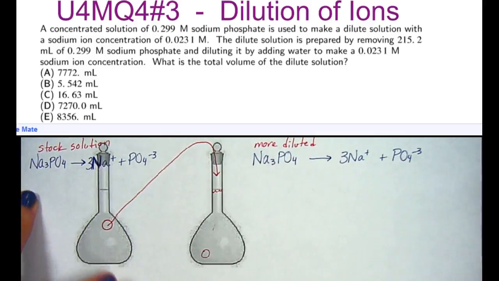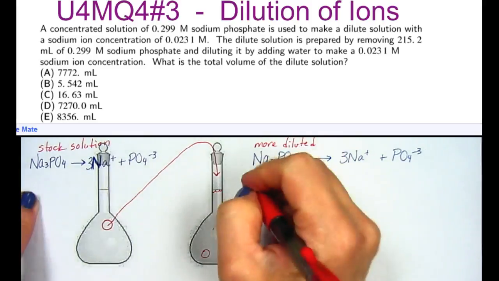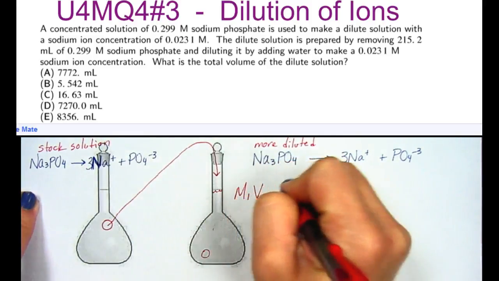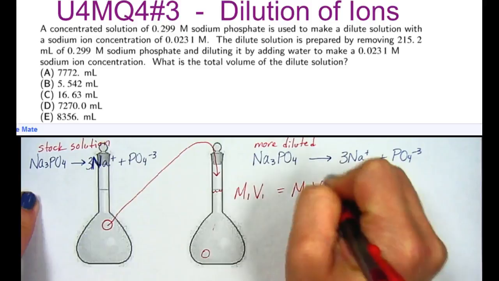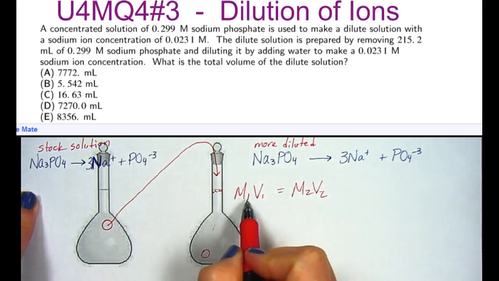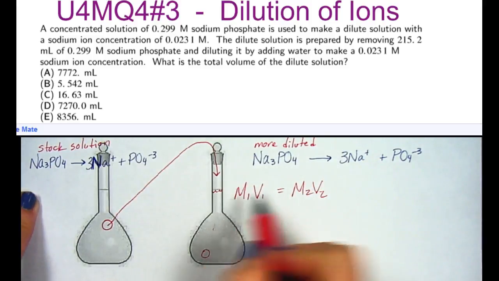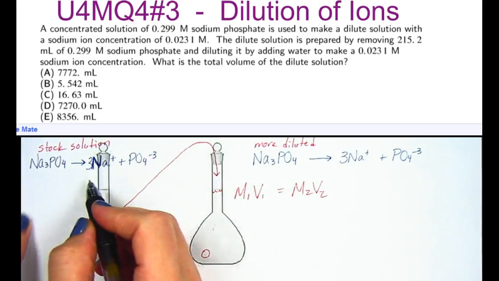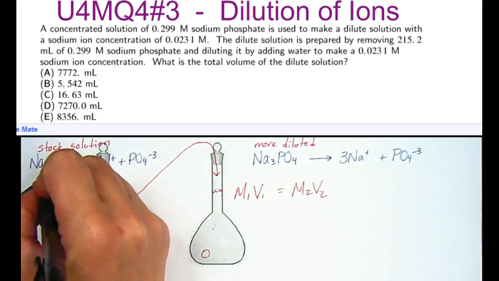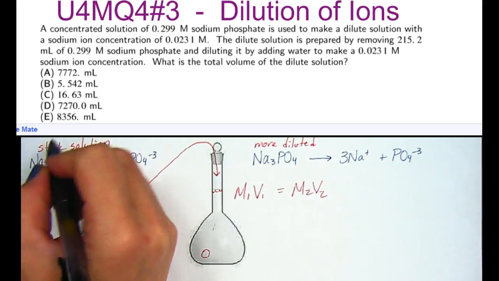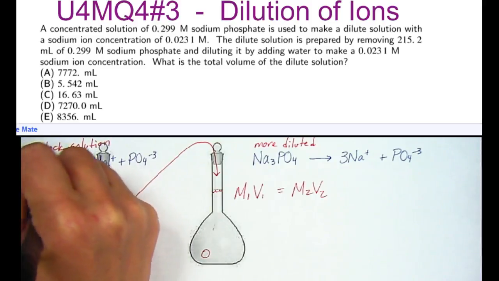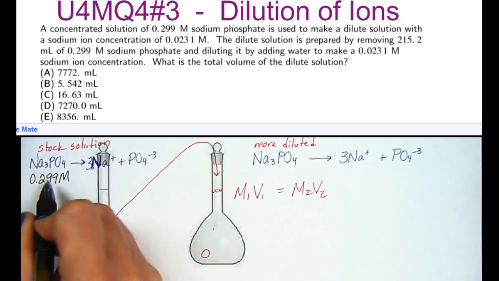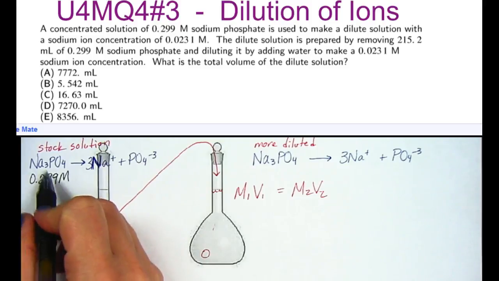So the equation that we use for dilutions is M1V1 equals M2V2, where this is my original molarity and volume, and this is my new molarity and volume. In this calculation, we are told that our stock solution, or our original solution, has a 0.299 molar sodium phosphate solution.